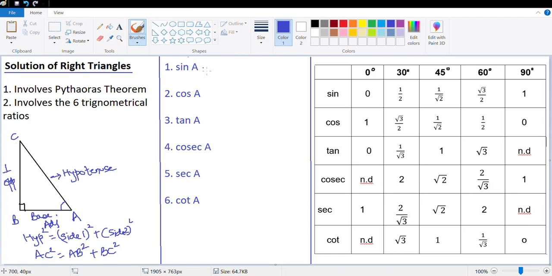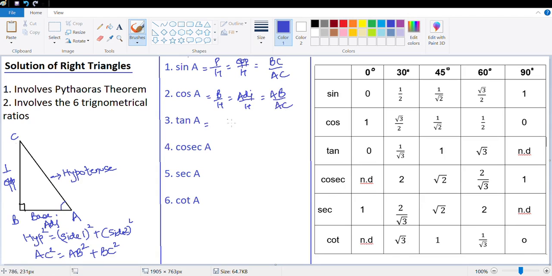So the 6 ratios that we get are: sine A, the reference angle is A, is perpendicular upon hypotenuse, also known as opposite upon hypotenuse. In this case, it would be BC upon AC. Cos A is equal to base upon hypotenuse, also the adjacent upon hypotenuse, in this case AB upon AC.